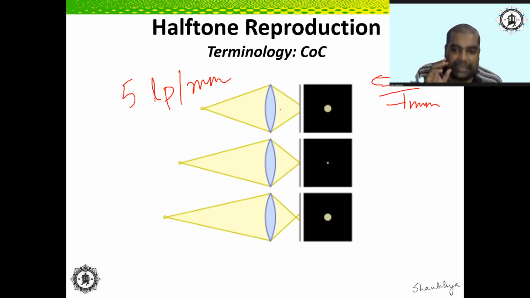If you are viewing an image printed in a book with a resolution of 5 line pairs per millimeter, then the circle of confusion is basically 0.2 millimeter. That means your eyes, as the optical system, can identify the farthest object as a blur spot.